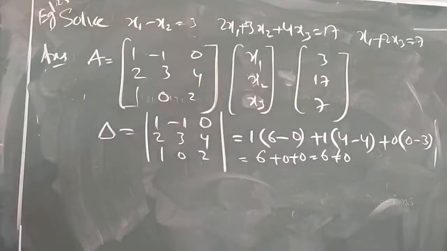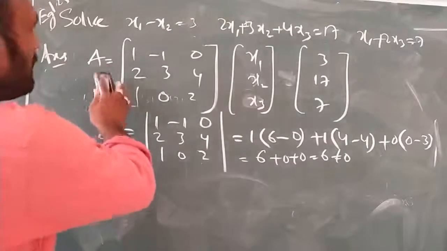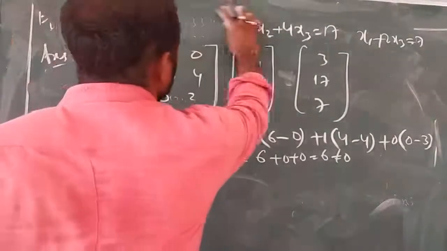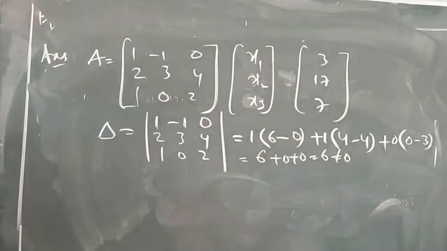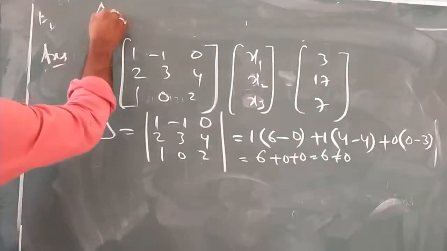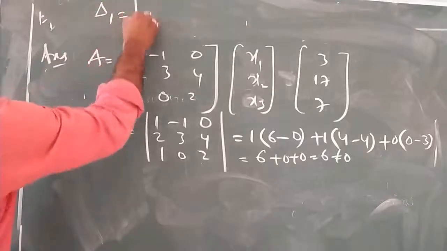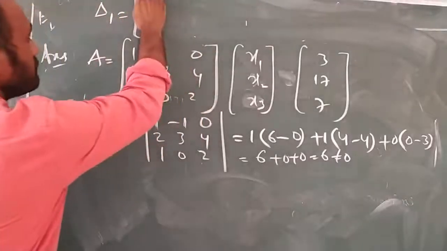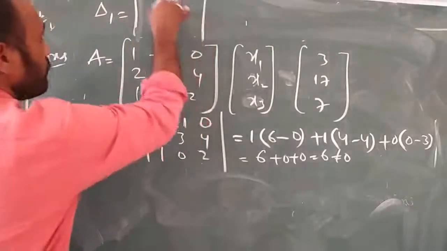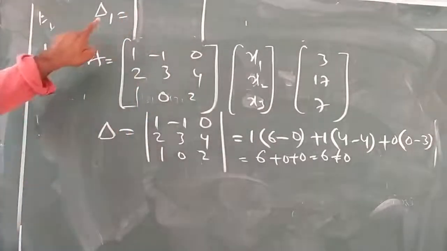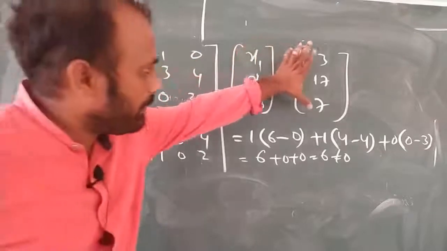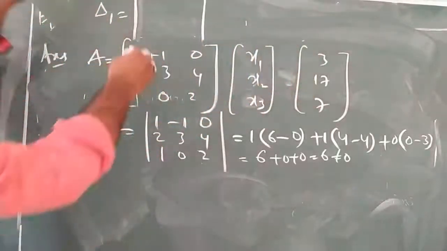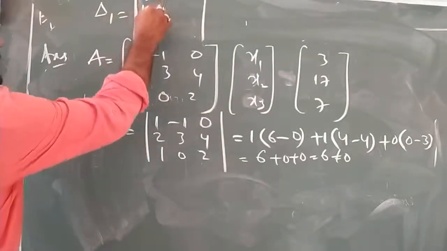So how do we apply Cramer's rule? First we need to find delta 1, next delta 2, next delta 3. First let me find delta 1. If I am talking about delta 1, it means x1, so I need to replace the first column with 3, 17, 7.